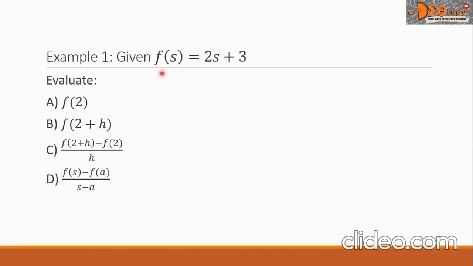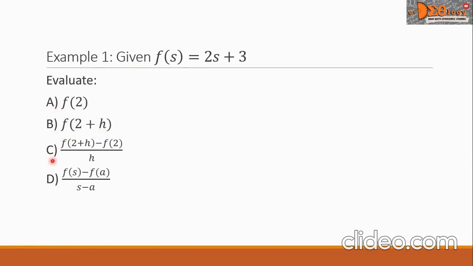Given the function f of s equals 2s plus 3, let us evaluate: letter a, f of 2. Letter b, f of 2 plus h.